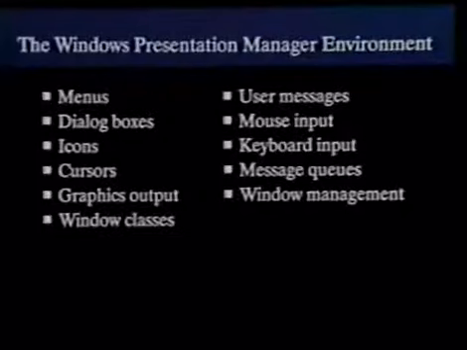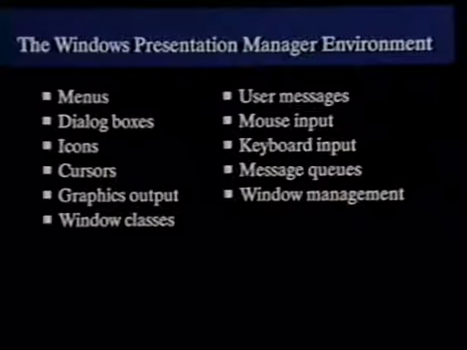Let's look with a little bit more detail at some of the items or types of services that are provided for you by the environment. The menus, for example, which we've already seen, are the items that you can click on, and down pops a menu that provides you with some choices for selection.